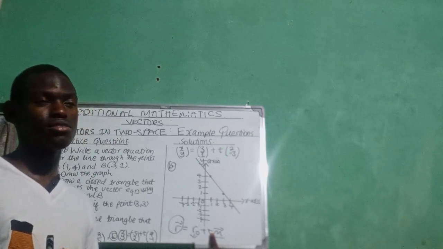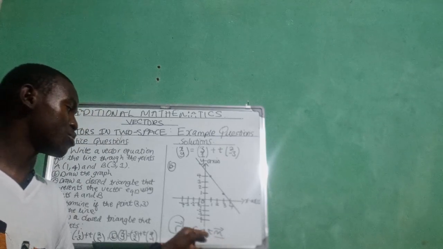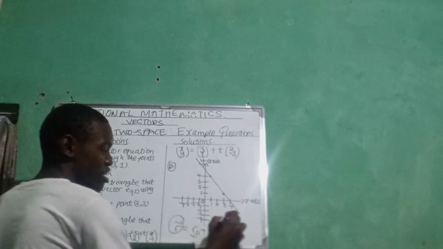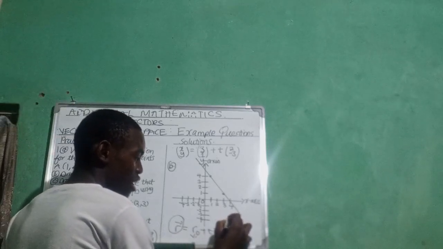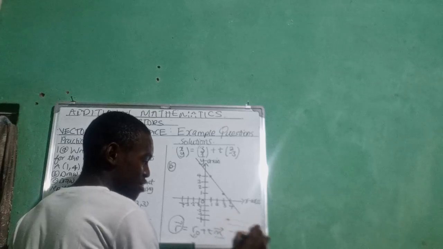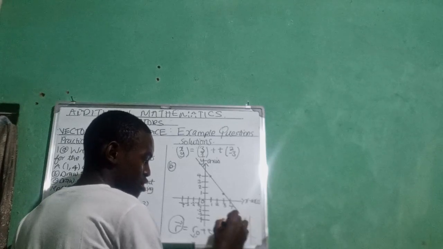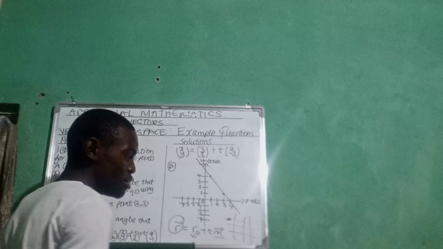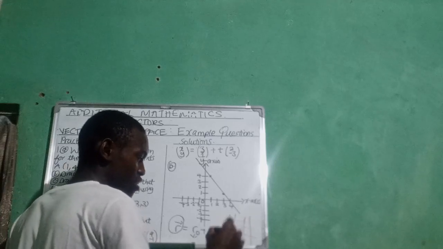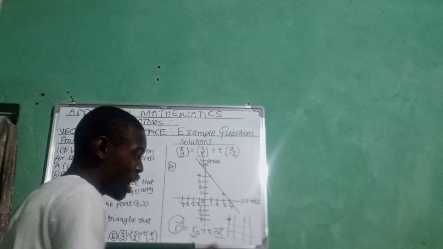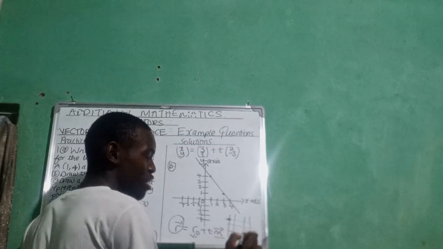This T here, this parameter, is just used to increase or decrease the direction vector, or to increase how far we are moving away from this. So for example, if the coordinate is here, and then it's like that, the coordinate is there, it can be shifted by a certain direction vector, and it will find itself here.